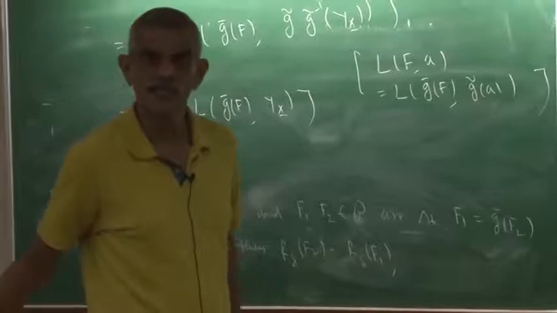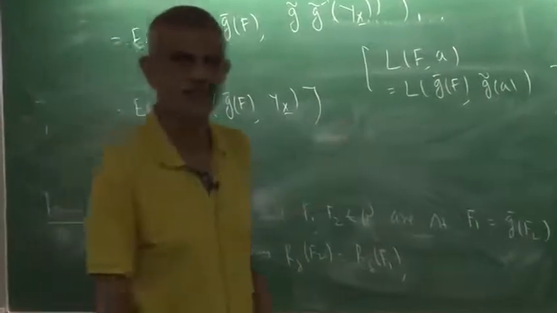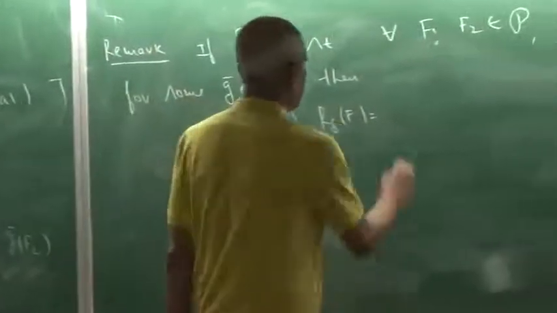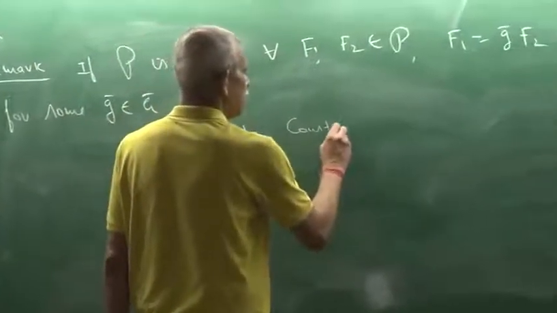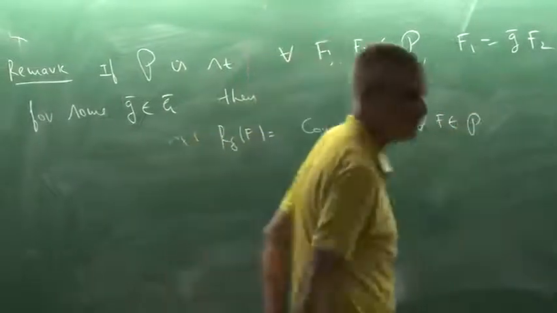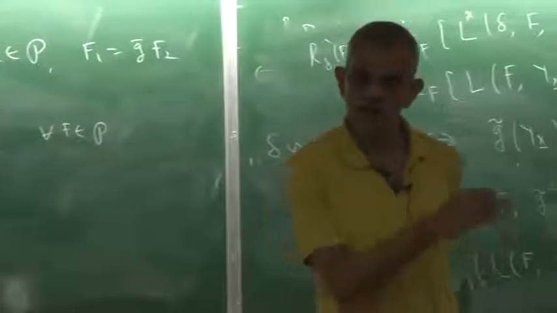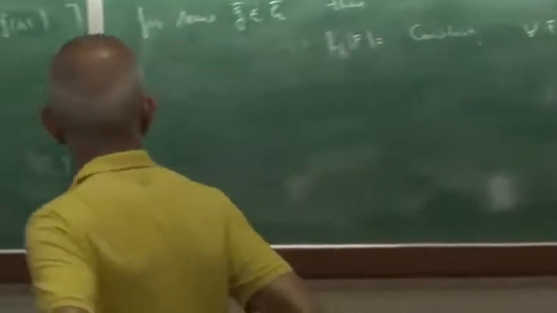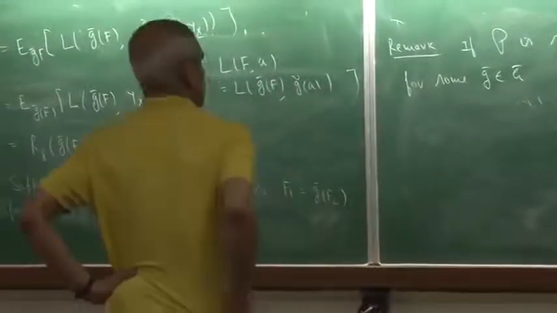So that means the risk of any two of them would be the same. Or in other words, r delta f would be constant for every f belonging to P. It does not depend on f. This should always be constant.